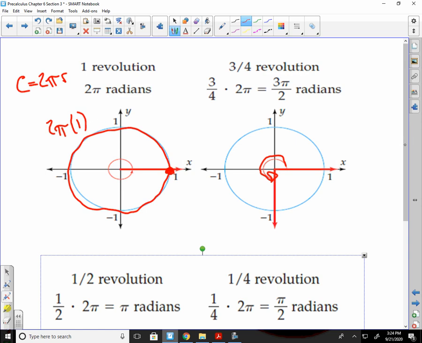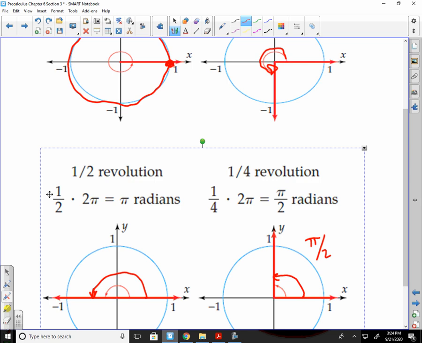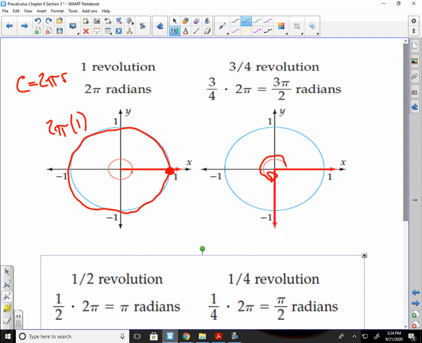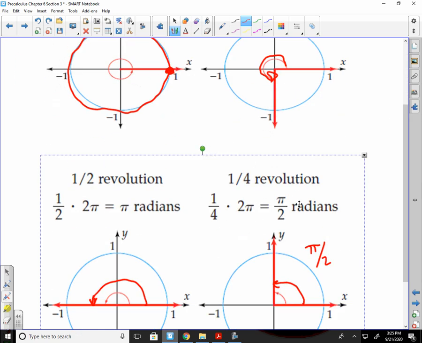If I'm looking at half of that, then I'm only doing 1/2 of 2 pi, which is pi radians. If I'm looking at 3/4 of that, it's 3/4 of the circumference. And then if I'm looking at 1/4, it's 1/4 of the circumference.